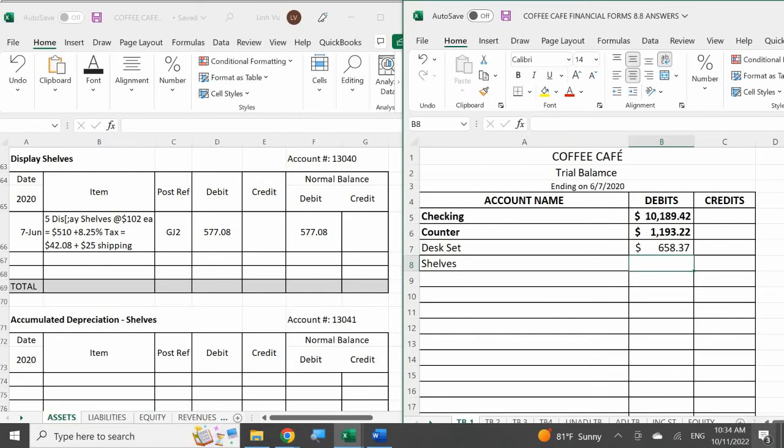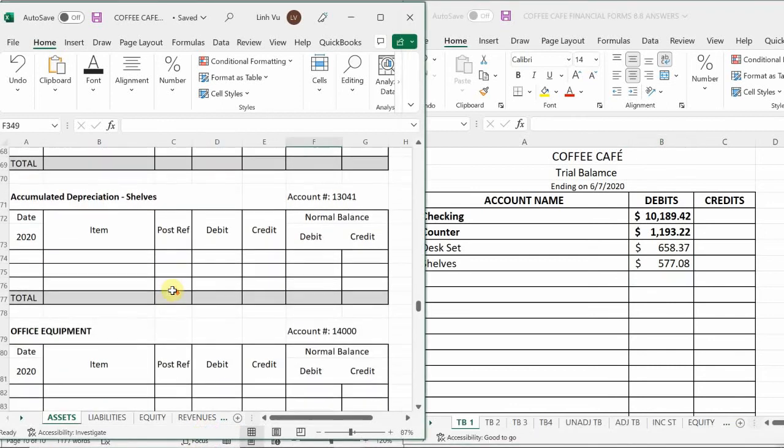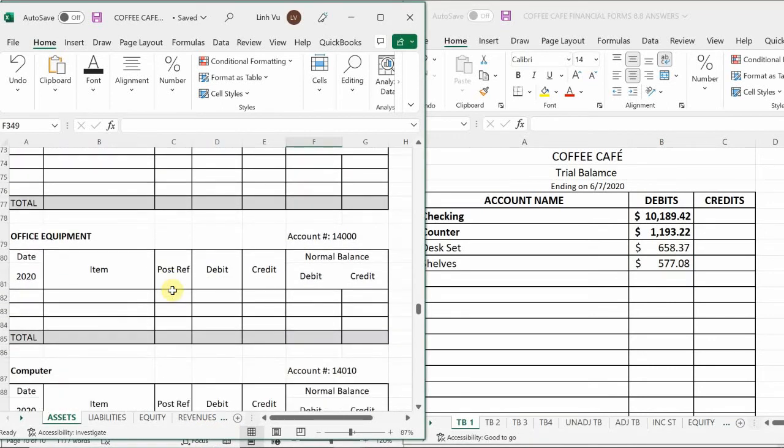What's my account balance in my display shelves? $577.08. Good. Okay. So that's it for that.